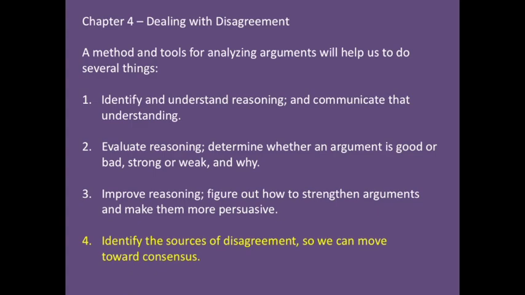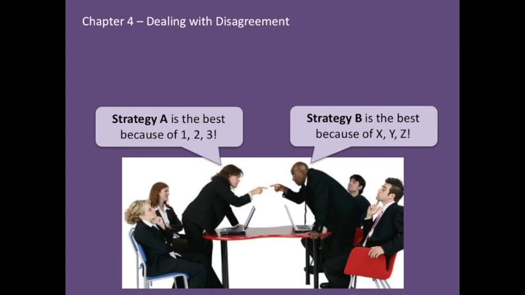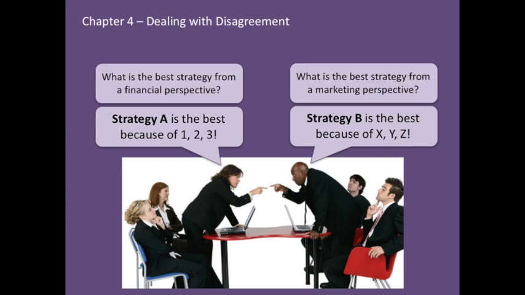We were introduced to the first one back when we looked at the implicit question. So recall this case, two groups in a business disagreeing about the best strategy, but if it turns out that they're responding to different questions, there may not be a disagreement here at all.